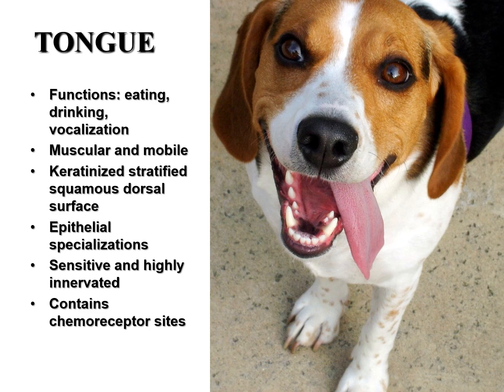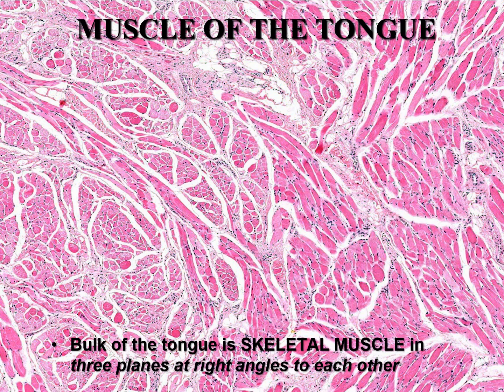In the tongue, we have special structures. We call them the chemoreceptor sites, and these usually are the taste buds. The muscle in the tongue is in different orientations. We have three different orientations, and mostly each of these planes will be at a right angle to each other. That means if this is one orientation, then the other orientation will be at a right angle, and then the other one is going to have another orientation.